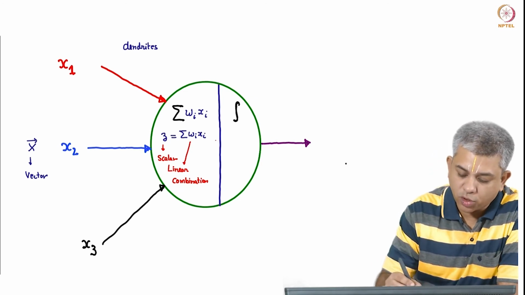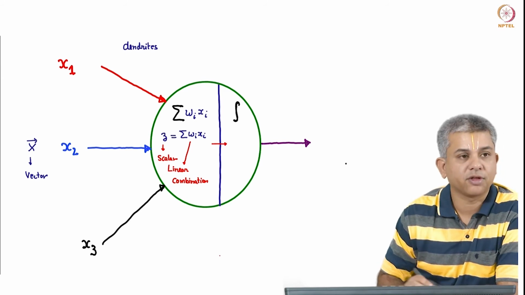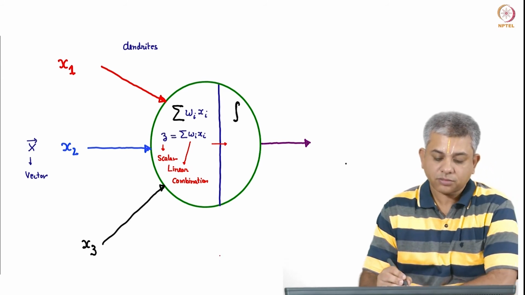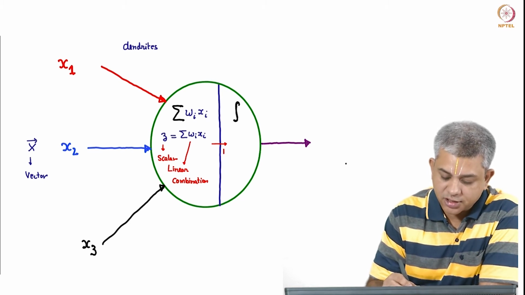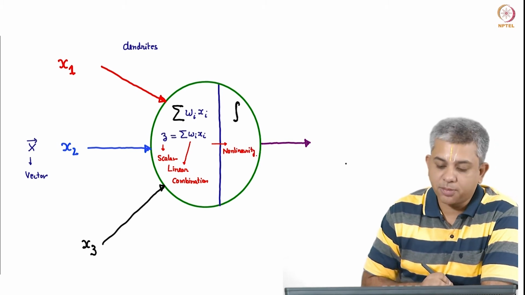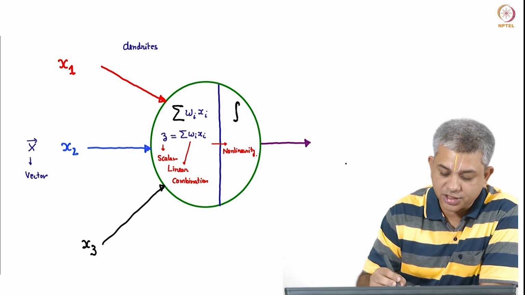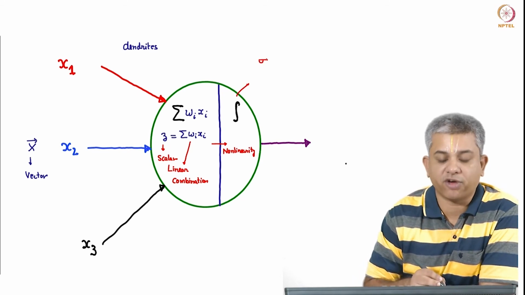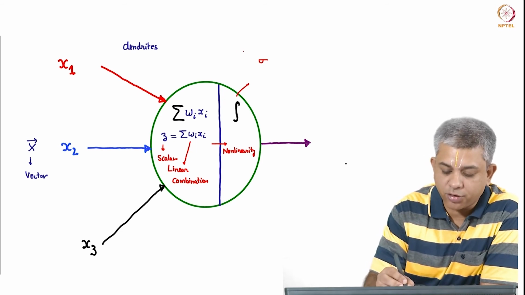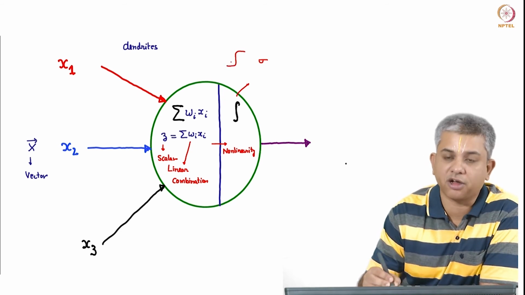Now, this z goes into the next part, which is the nonlinearity, and what makes neural networks work really is this nonlinearity. One simple nonlinear function which we have already seen, for example, is the sigmoid function. Graphically, we denote it by the shape of the sigmoid curve.